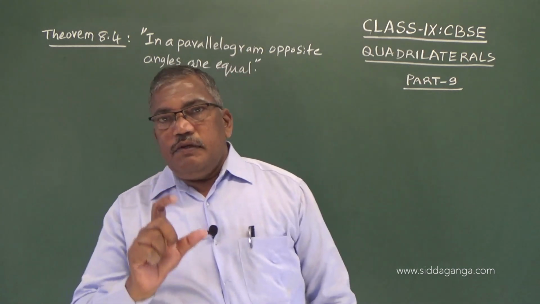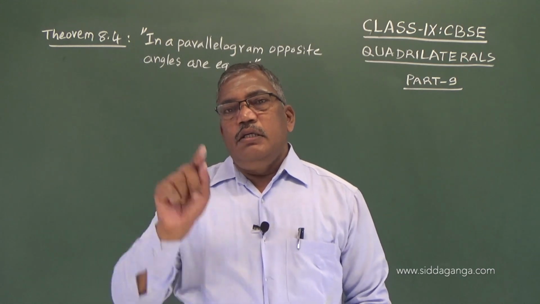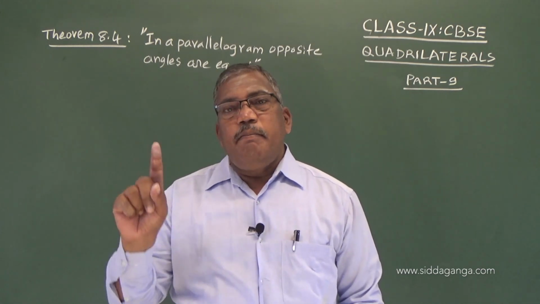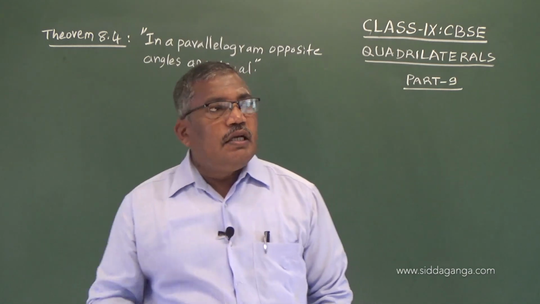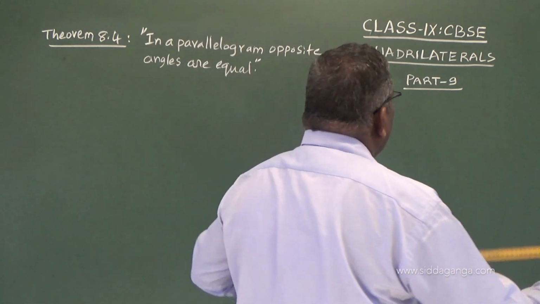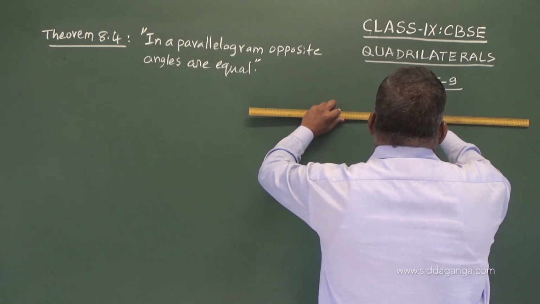So when you hear the word parallelogram, you must always remember the opposite sides are parallel. So 2 pairs of opposite sides are parallel. So a parallelogram is given. I will draw the diagram of the parallelogram.